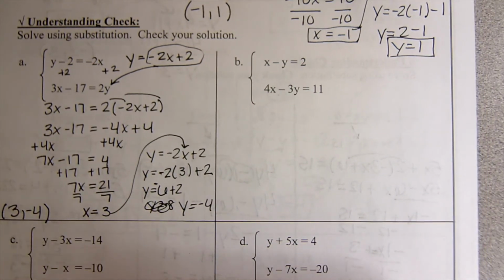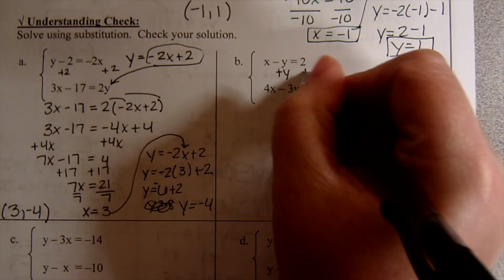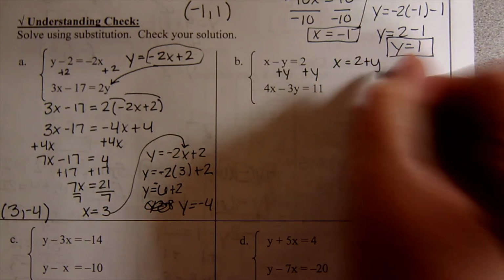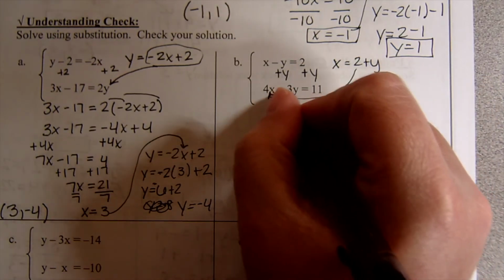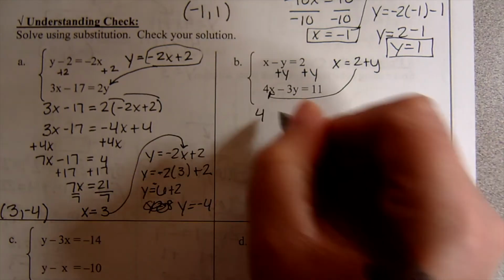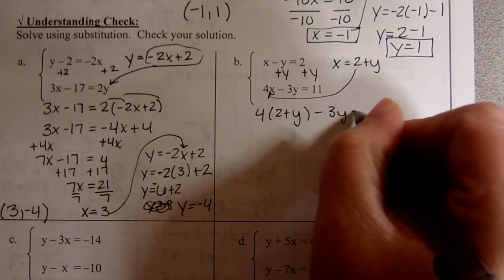B, what'd you get by itself? I got x. You can get y. Make sure you're careful with your signs if you get y by itself. So if you get x by itself, we're going to add y to both sides. So x equals 2 plus y. So we replace x in the second equation with 2 plus y. 4 times 2 plus y minus 3y equals 11.